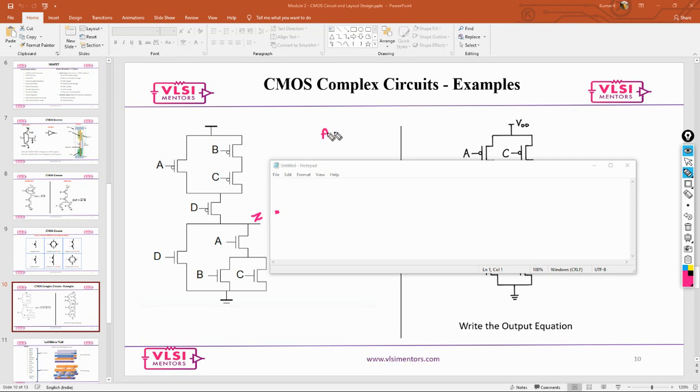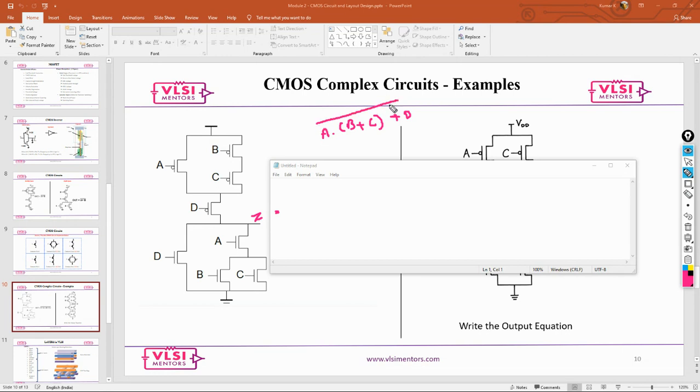A into B plus C, and then plus D. That's it? Or whole bar?